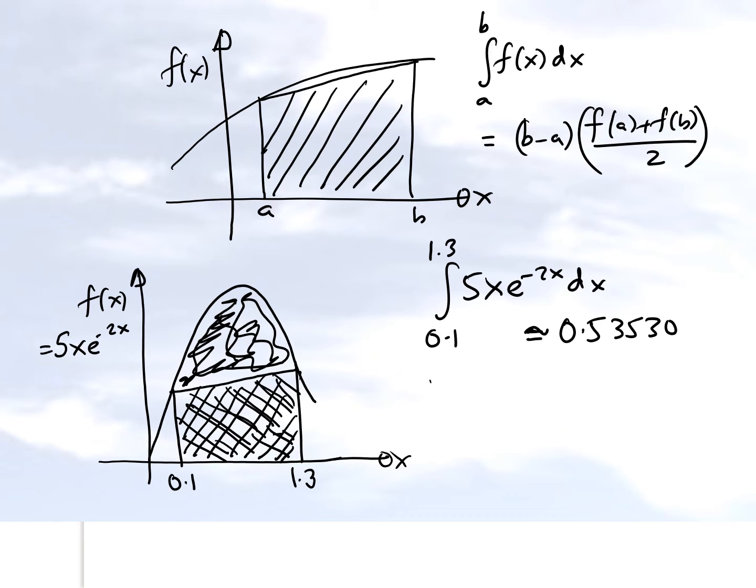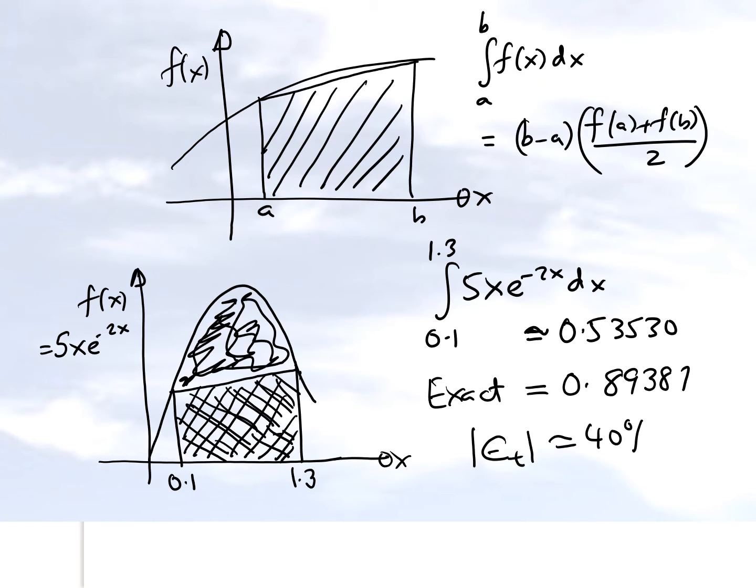But the exact value which you can get from integral calculus is 0.89387, and this is a true error of approximately 40%. So you can see there's a huge difference between the two. Let's go and see how we can maybe make it better.